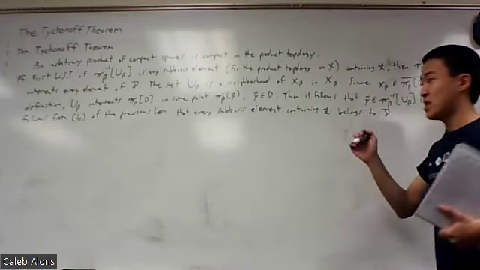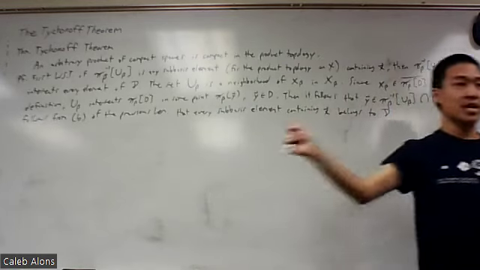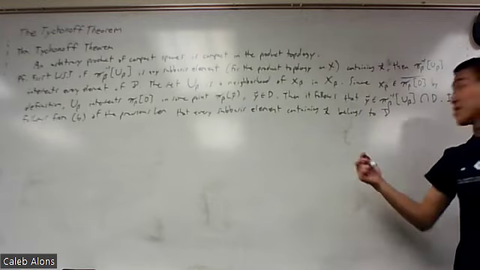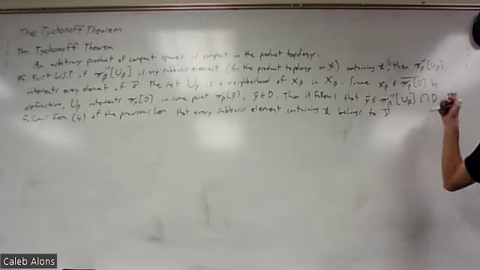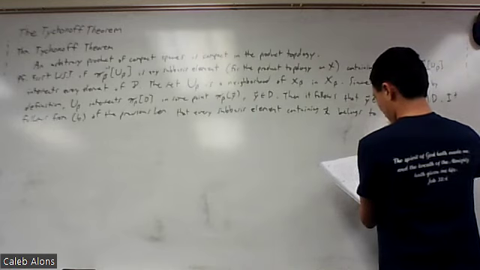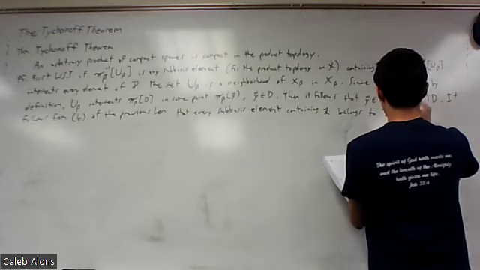Because remember, part B said if I take something that can intersect with everything in the collection, then it's got to be in it. Well, that's exactly what we just found. So we're going to claim that, and then we can use part A.